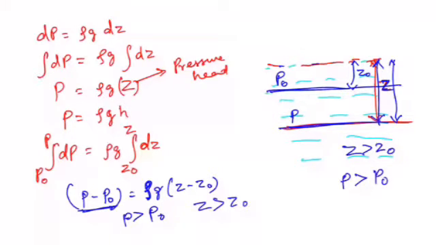To explain this, see this layer which is at height z0. The pressure on this layer is a result of the liquid that is over this layer. The liquid over this layer imposes some force on it, and this results in pressure on this layer. The pressure will be less since the quantity of liquid is less here, and the pressure we get is rho g z0, the depth here.